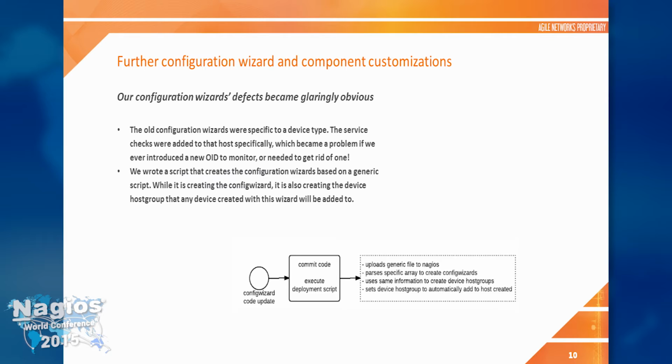I edit an array of information that holds all of the basic information needed to create a configuration wizard, and then I have a deployment script that copies that and then goes through the array and creates a configuration wizard based on the generic template for each one of those. So realistically, I make my change in one place. I can either append or remove from the array what devices I want to track, and then I push my deployment script, and it does everything for me. If anybody would like to see that code, email me, or we can talk about it later, and I can give you a sample.